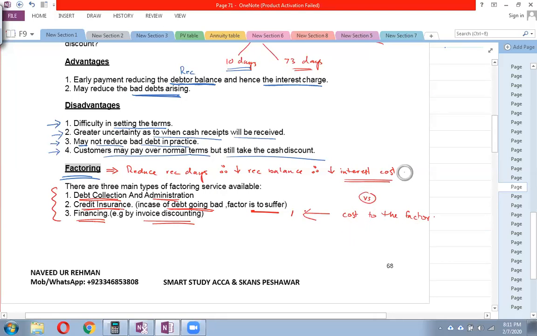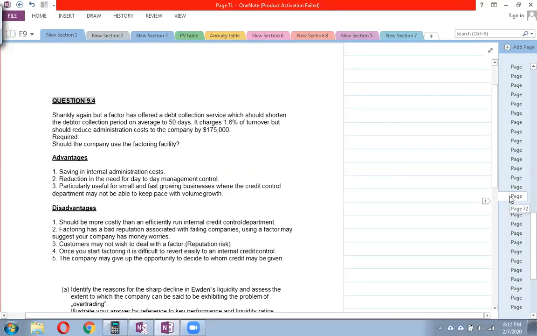If we are saving more in interest cost and paying less to the factor, then we should take the factoring facility. If we are saving less interest cost but giving more to the factor, then we should not. Right? Clear? That's what we are going to do. Right? So let's see on the next question, 9.4.